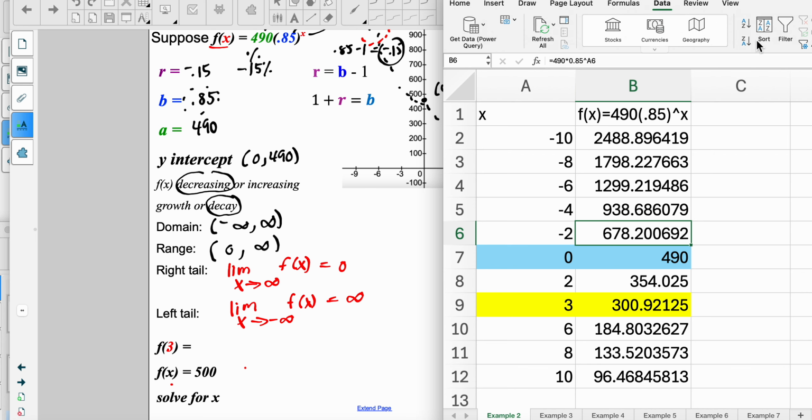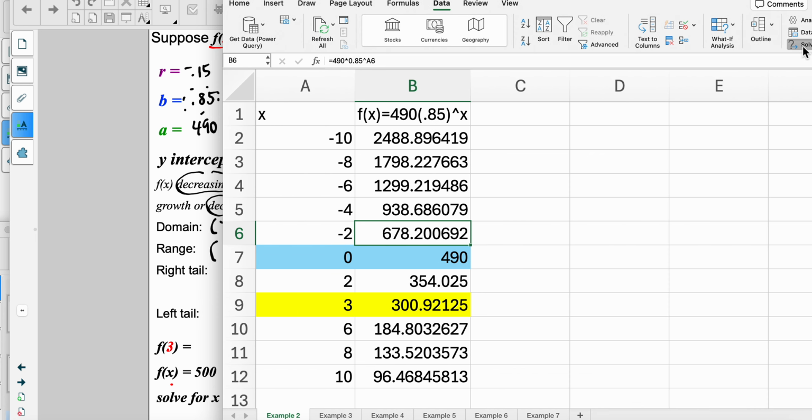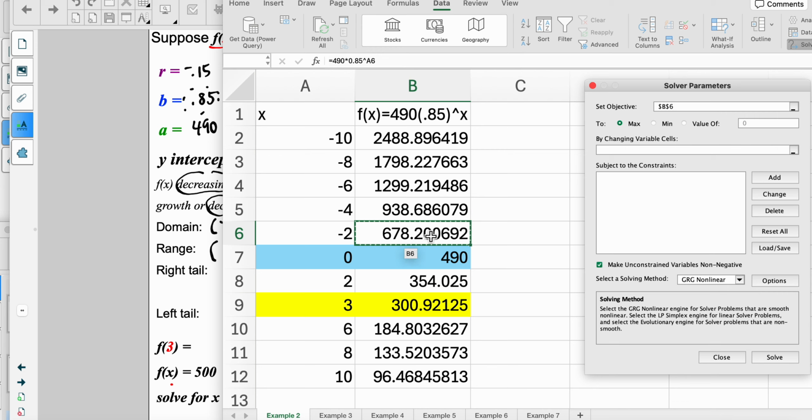So I'll go to Data, Solver. I want to force this cell, the output, to equal 500, and I want to put the result right here.